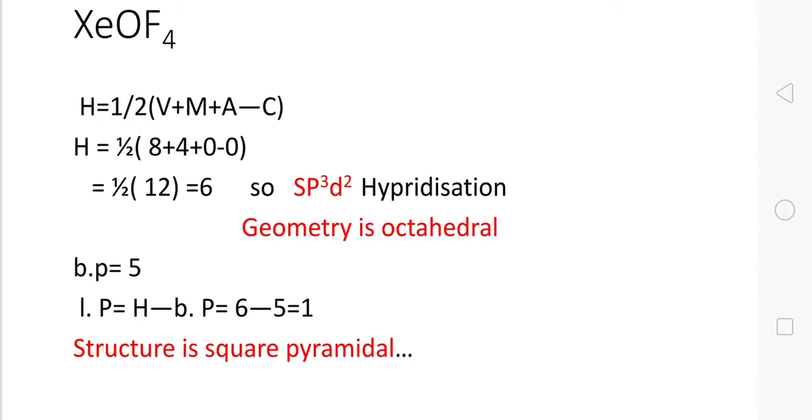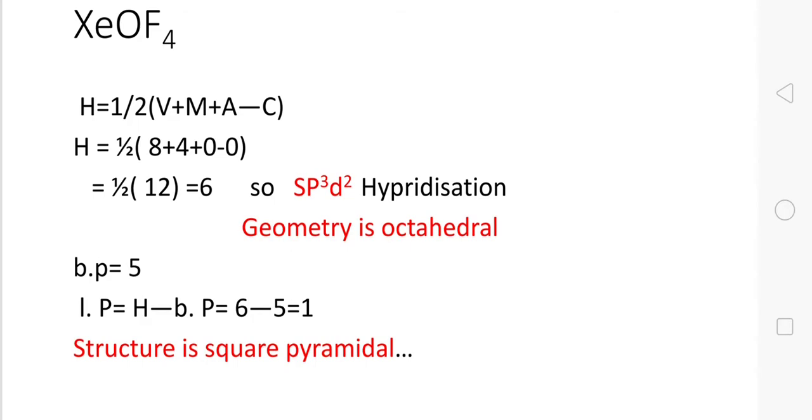So the hybridization number for XeOF4 is 6. Then the corresponding hybridization is sp3d2, and the corresponding geometry is octahedral. So the geometry of this compound is octahedral. Then bonding pair is equal to the number of surrounding atoms. Here the surrounding atoms are 1 O and 4 F, so the total is 5.